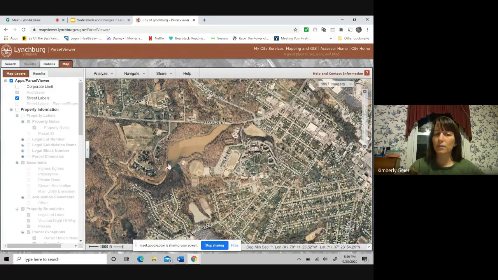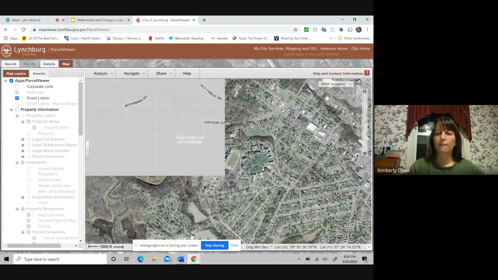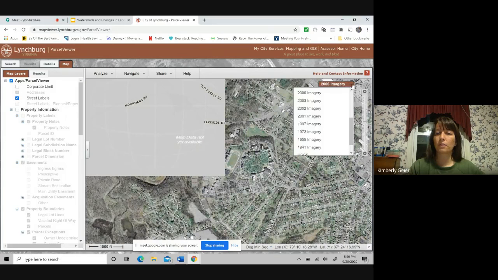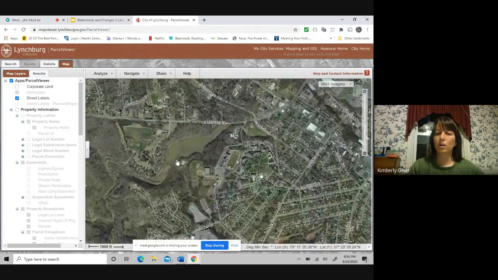And maybe you can even see that there are some dark areas in the lake that actually are shallow areas. That's not loading totally. Let's pick a different year. There's 2003. You can almost see like a sandbar here.